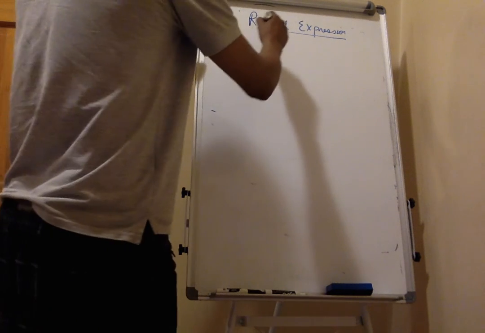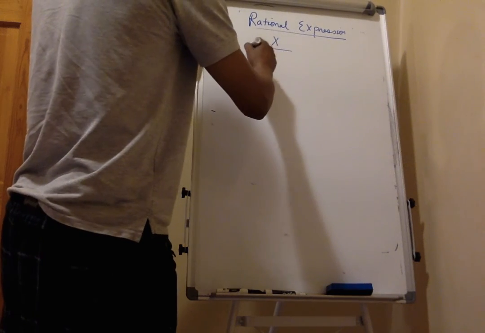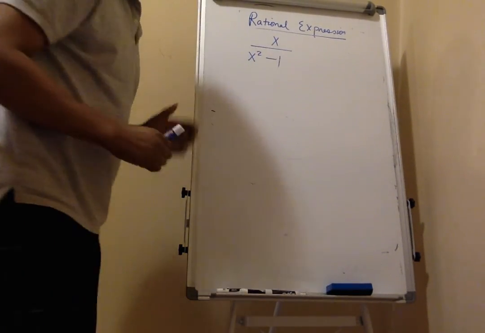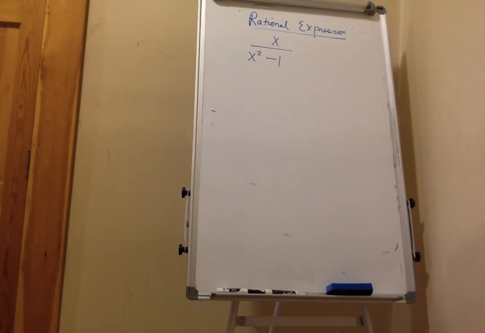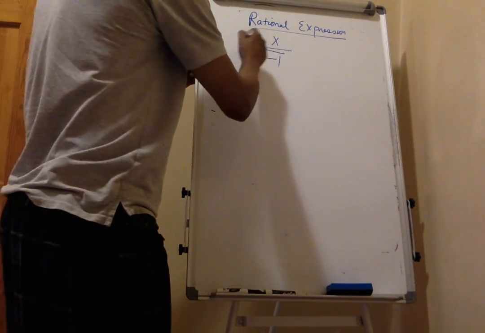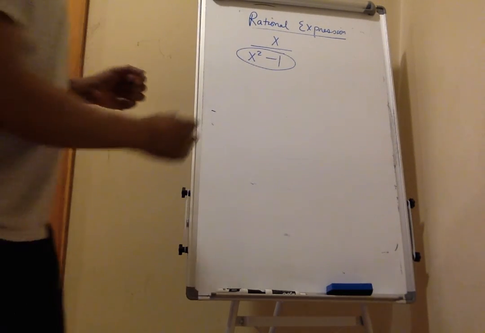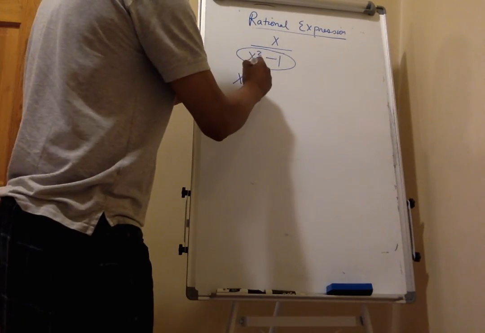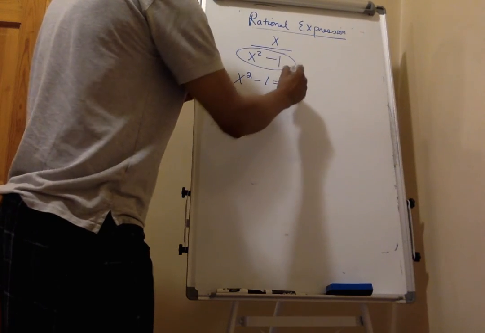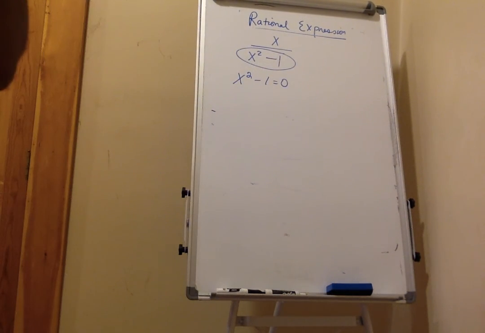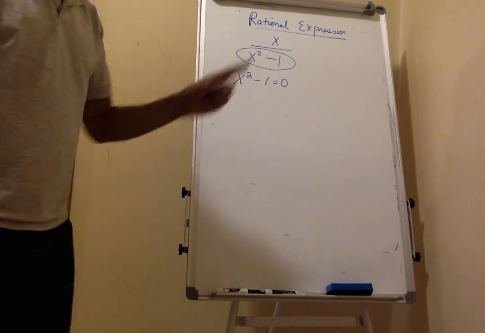Suppose now let's say x over x squared minus 1, and now we are asked to find the domain. Again, look at the denominator. Don't worry about the numerator. So set the denominator equal to 0 so that you know which values we are not allowed to plug in. This is the difference of two squares.